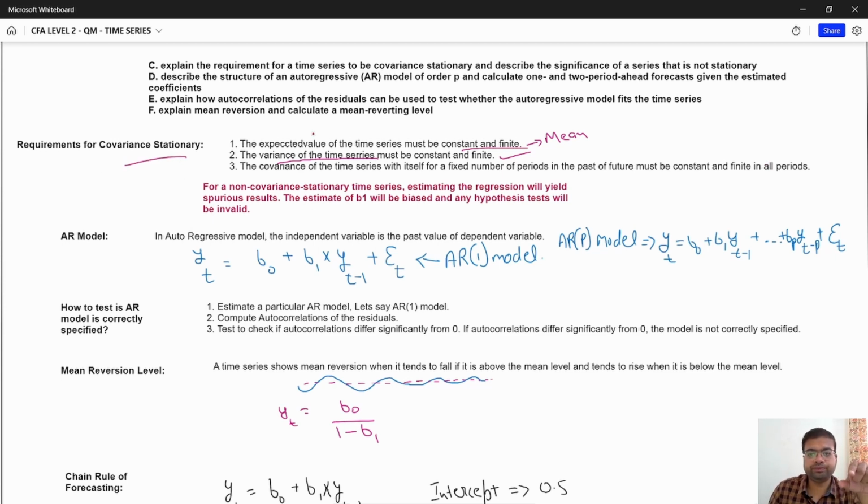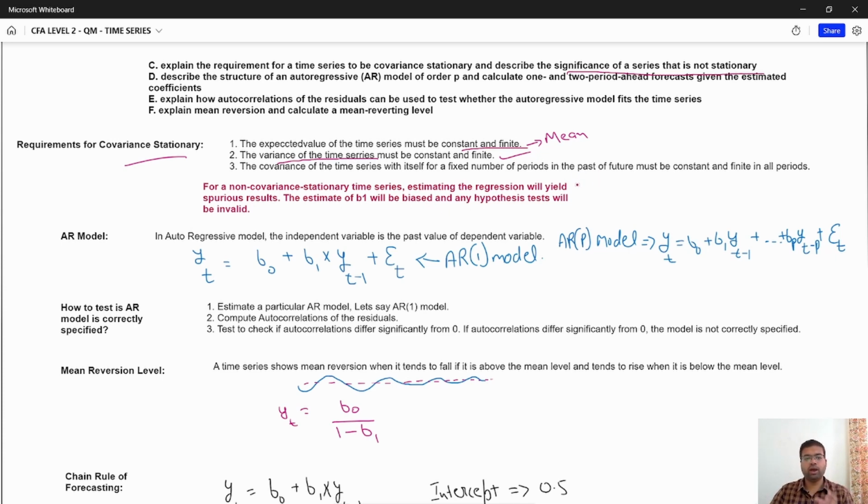And we also have to describe the significance of a time series that is not stationary. For a non-covariance stationary time series, estimating the regression will yield spurious results, the estimate of b1 will be biased and any hypothesis test will be invalid.